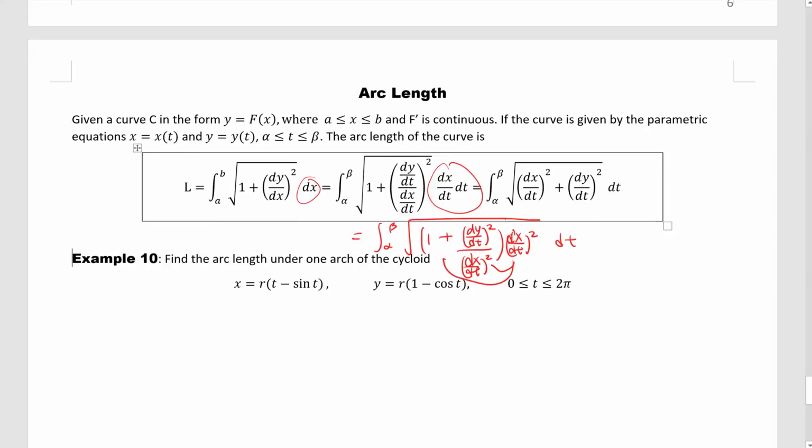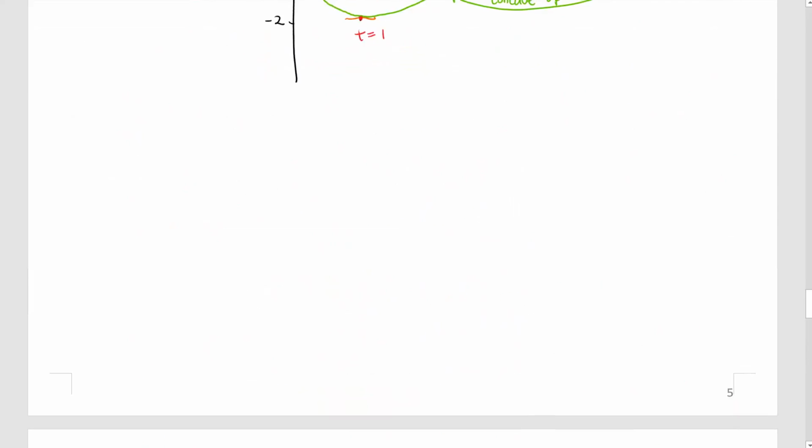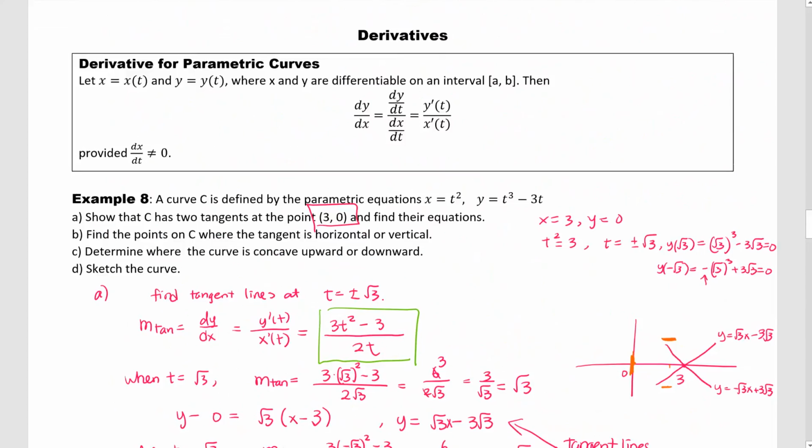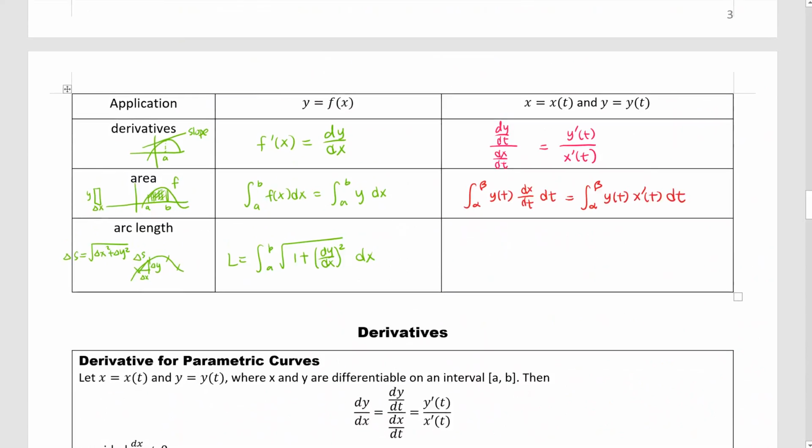Okay, let's copy it down on our table. So now our table is complete. Okay, so this is the integral from alpha to beta of the square root of (dx/dt)² plus (dy/dt)² dt.